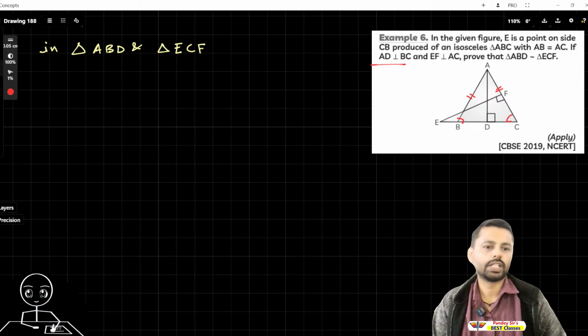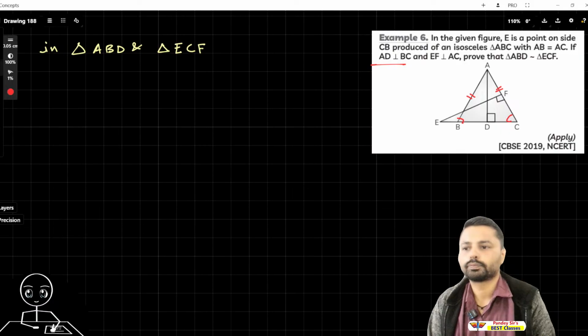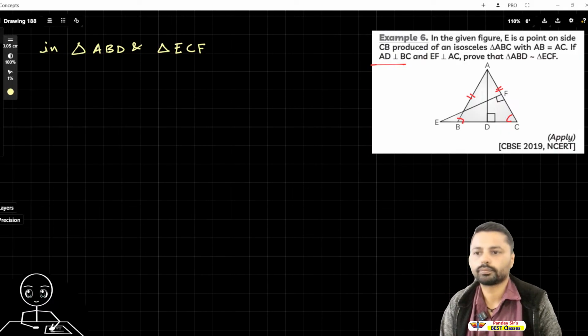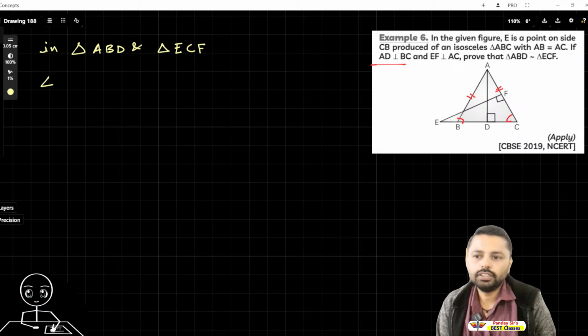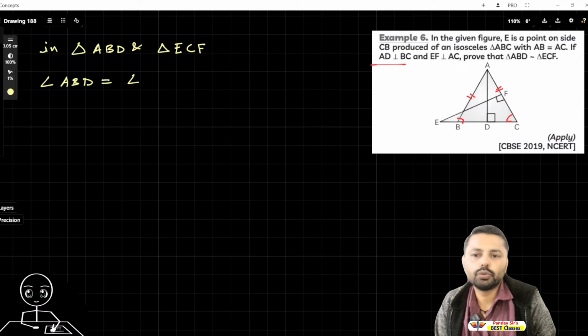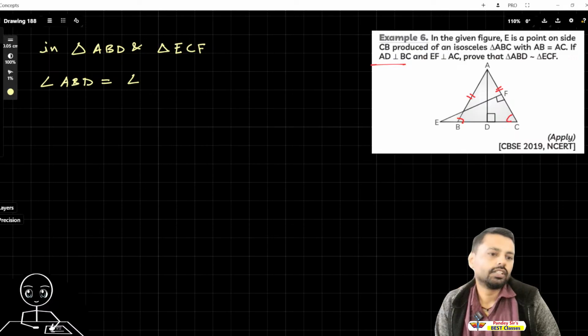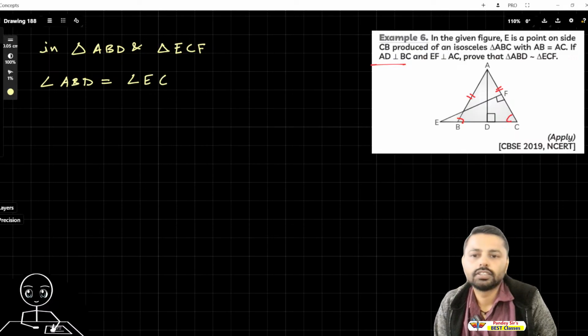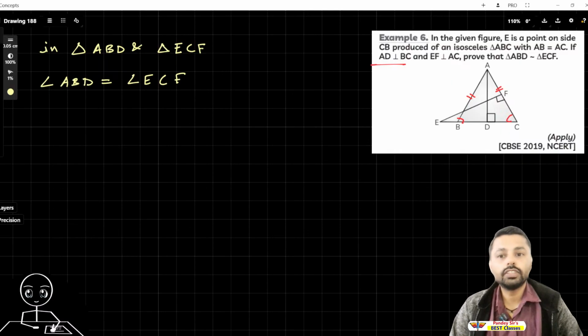How will we prove it? Angle ABD equals angle ECF. By which reason?